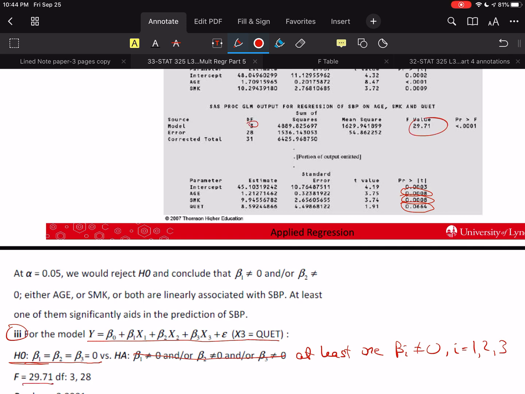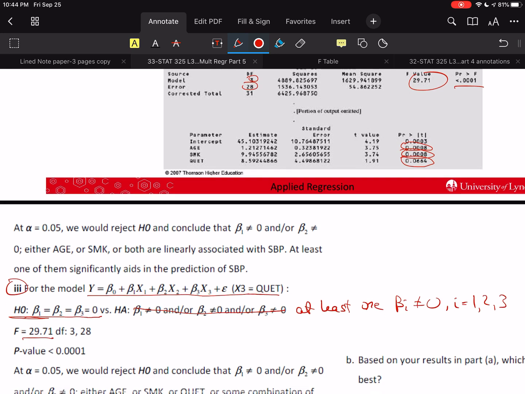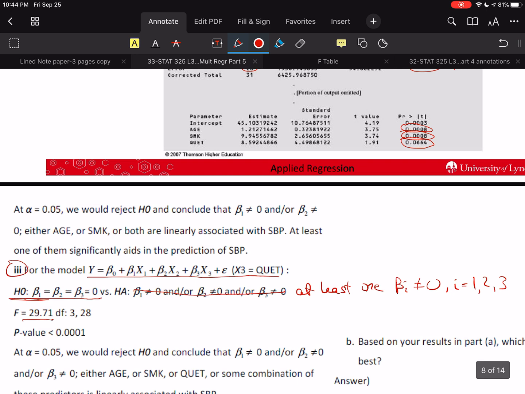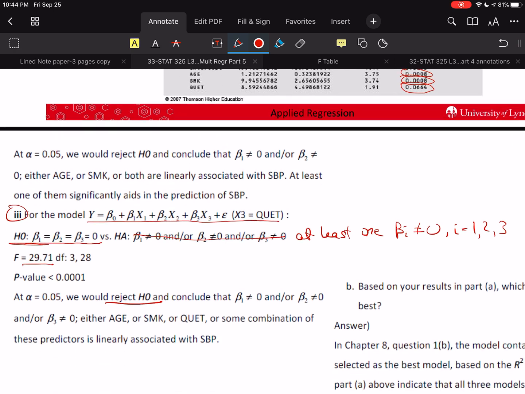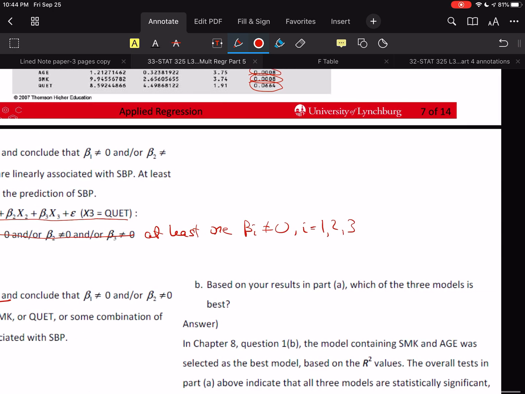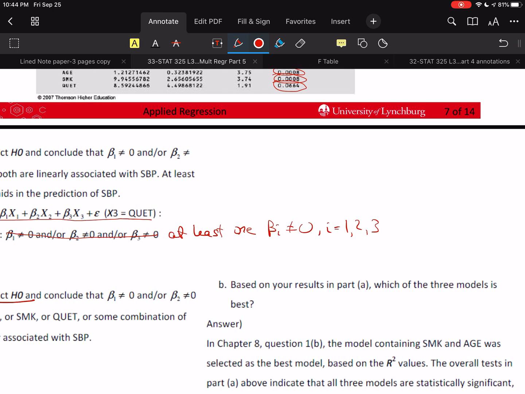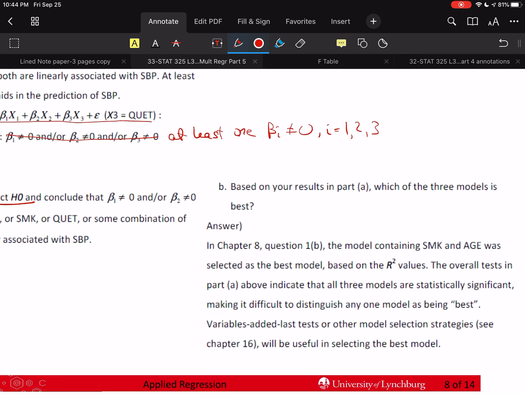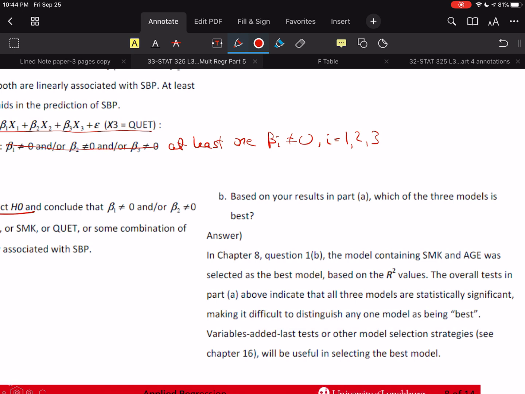We have 3 degrees of freedom in the numerator, 28 in the denominator, and a p-value less than 0.0001. And again, we would reject the null hypothesis. And we know that some combination of those 3 predictors is very significant in predicting this systolic blood pressure.